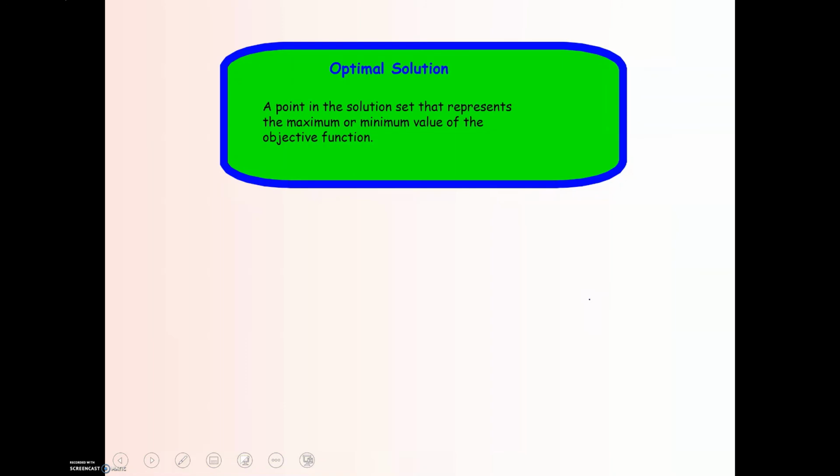So that once again was our 8x plus 12y is equal to our cost. So that's our equation. An optimal solution is a point in the solution set that represents the maximum or minimum value of that objective function. So there is an optimal solution that has the best outcome.